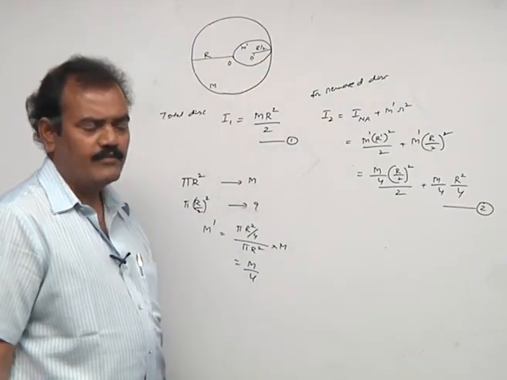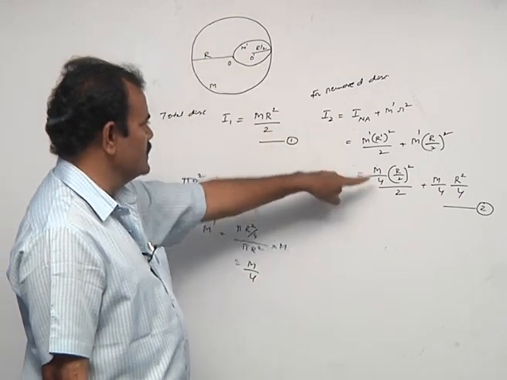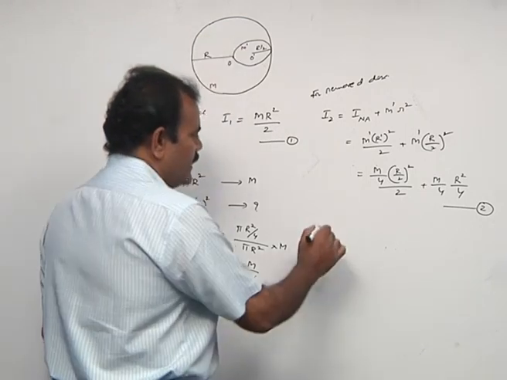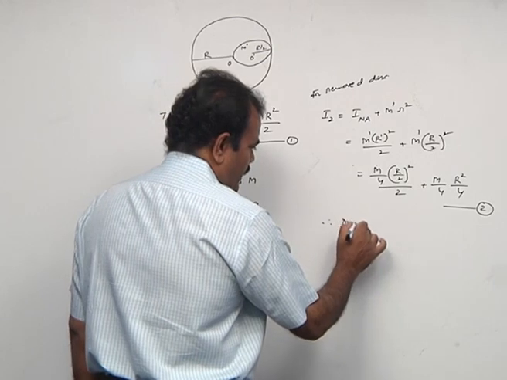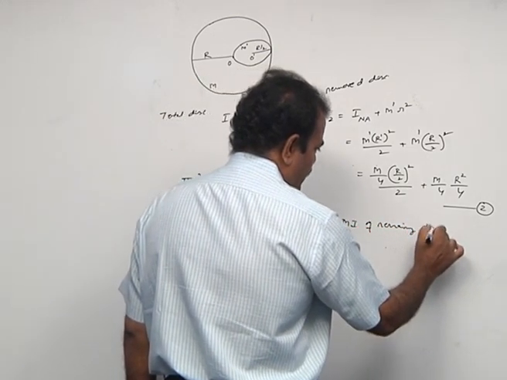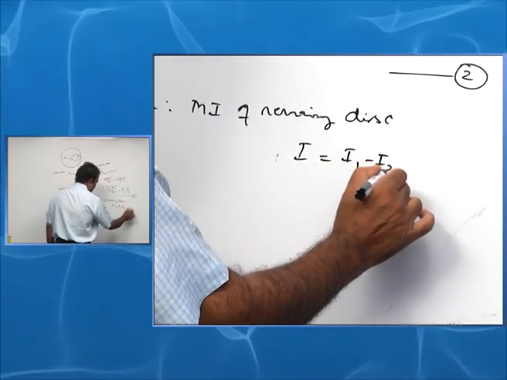Now we have the moment of inertia of the removed portion of the disk, and we need the moment of inertia of the remaining disk only. Therefore, the MI of the remaining disk is I = I1 minus I2.